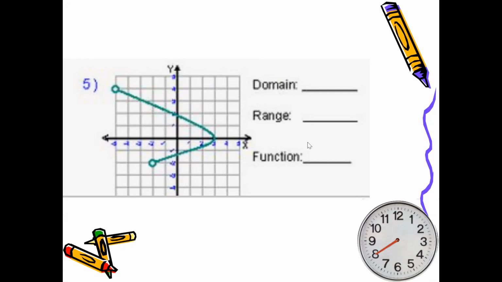Okay, so let's go ahead and take a look at this then. The domain is how far do you go over to the left side? It looks like it is at -5. And then how far do you go over to the right side? It is at +3 with a bracket.